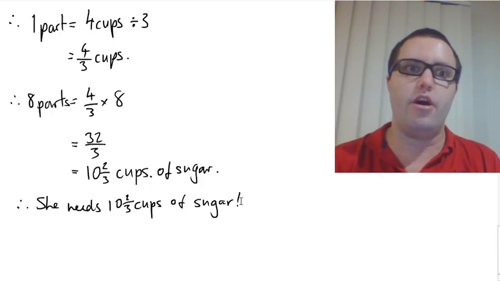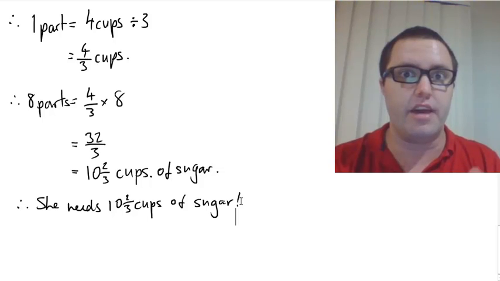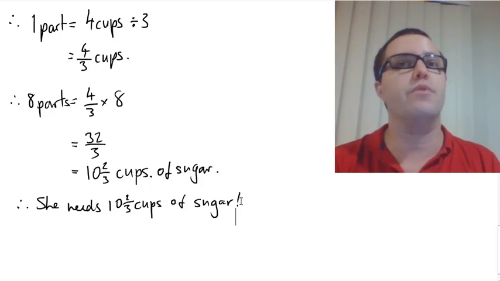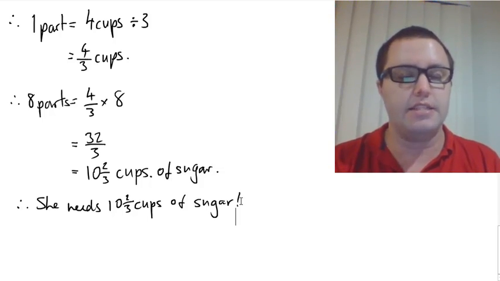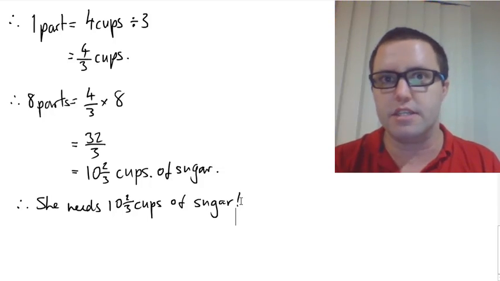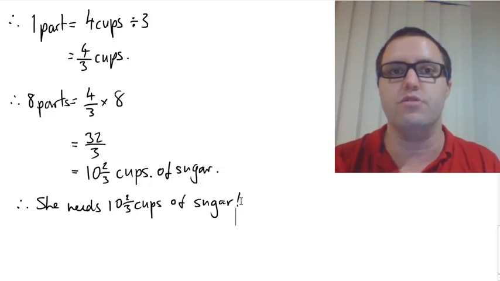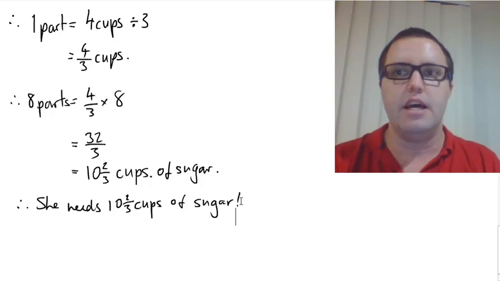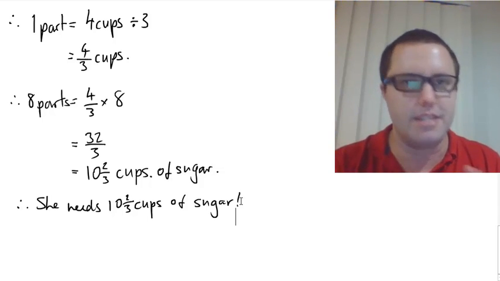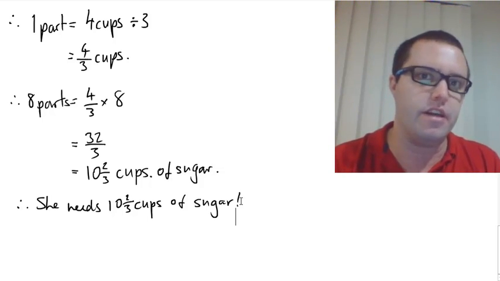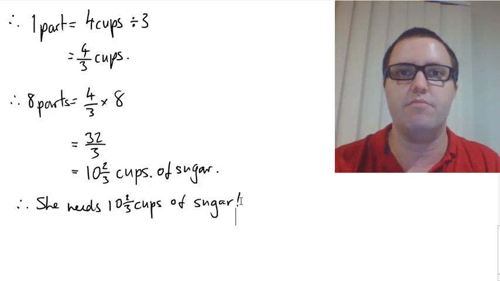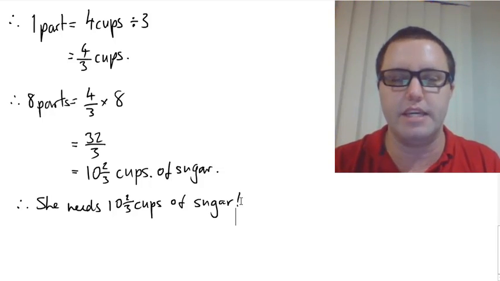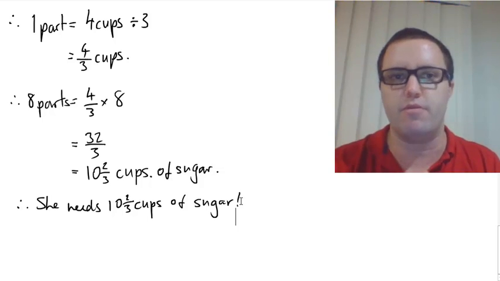Hopefully you've seen in this video that they are very closely related to how I've been working with percentages, and the unitary method, quite honestly, is the easiest way to work out your ratio problems. I did say earlier that there was a fractions method of doing it. Essentially you're doing about the same amount of work, but I think it's best to go with the unitary method, which is probably easier for you to grapple with straight away.